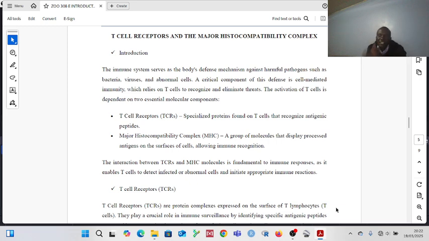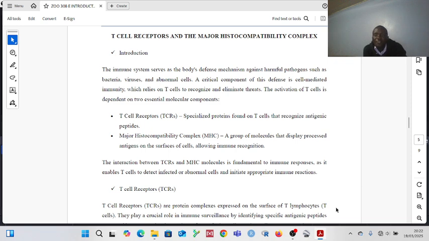But now, before the T cells work, they have to be activated. Before the T cells can recognize and eliminate pathogens or disease-causing microorganisms or cells that are abnormal, they must be activated, so they have to undergo activation.